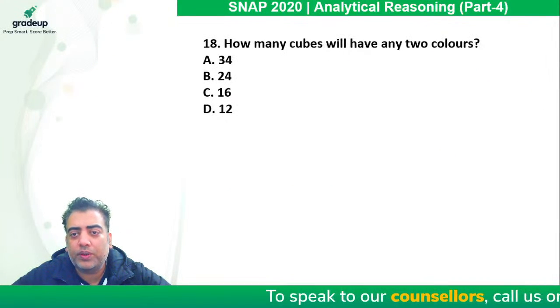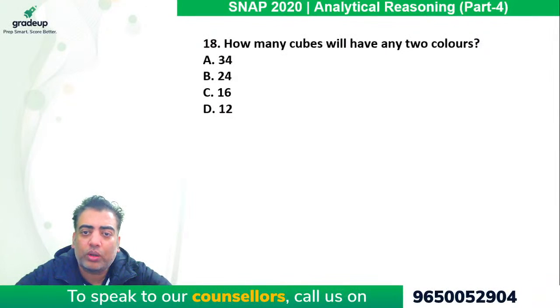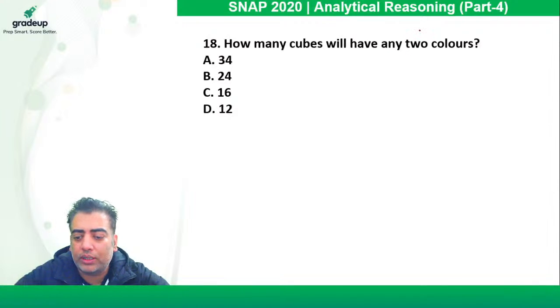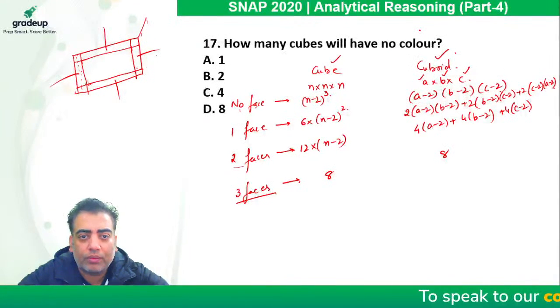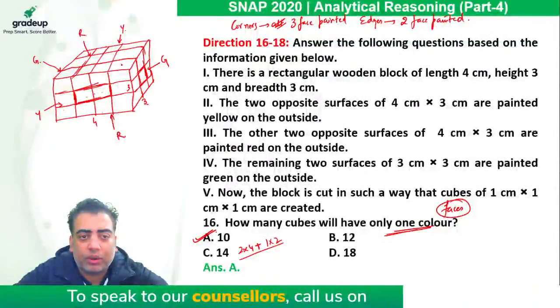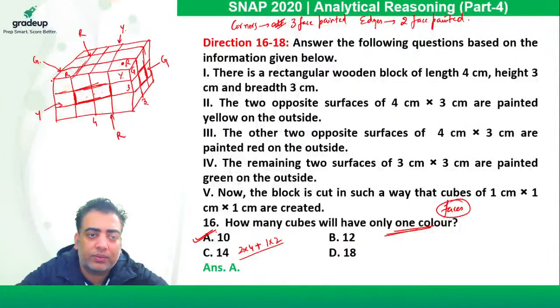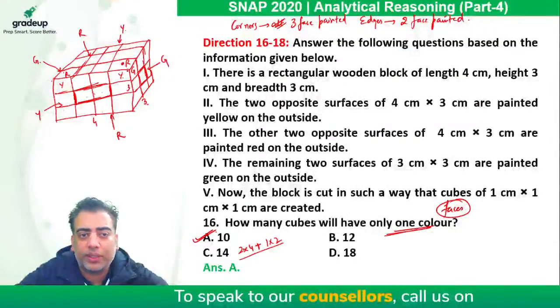How many cubes will have any two colors? As we just discussed, they are the ones which are always along the edges, right? So any two adjacent faces will definitely have two colors. Let's have a look here. If I talk about this particular corner, the top has red, the left one has green, and here it is yellow. So all the corner ones have three colors on the faces.